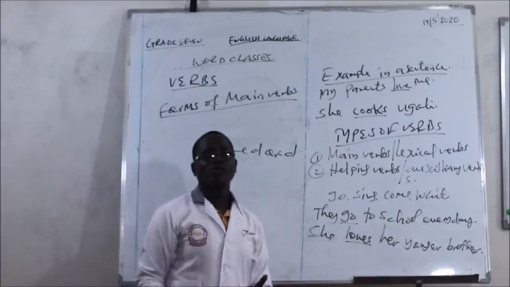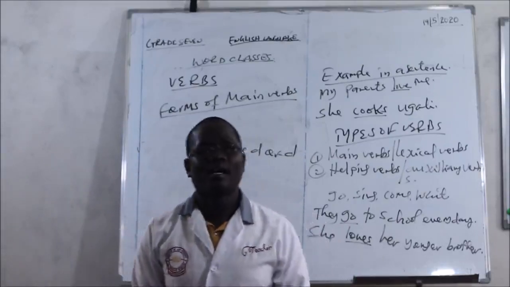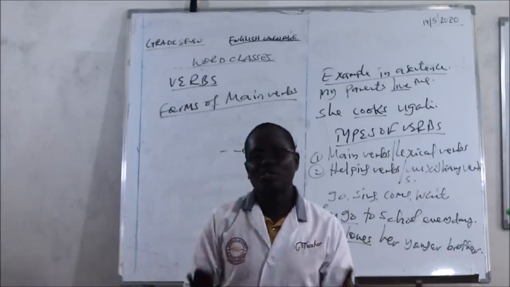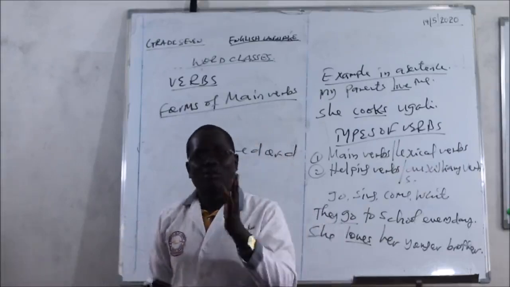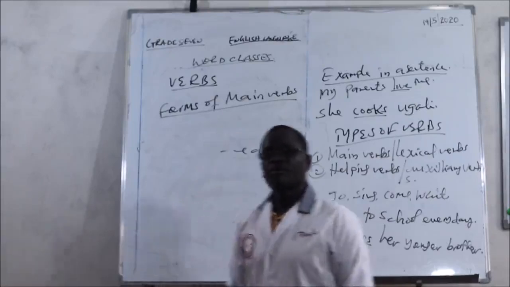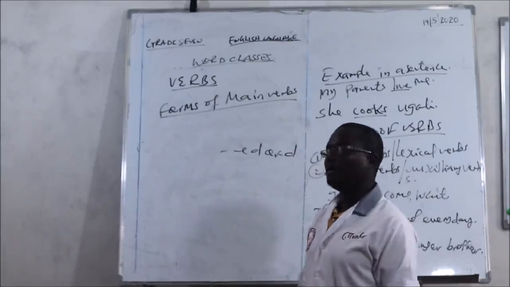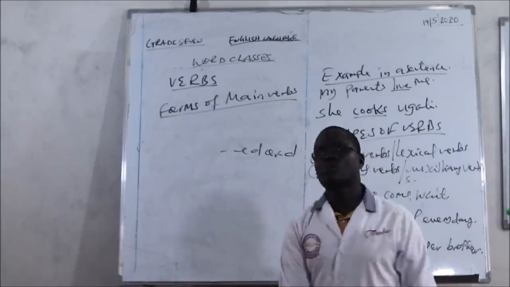Why do we call them universal past tense marker? Because these are the morphemes that are used universally to represent a particular verb in its past form. Therefore, the classification of main verb depends on the ability of a verb to receive this so-called universal past tense marker.